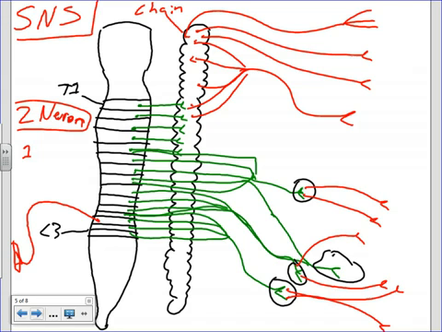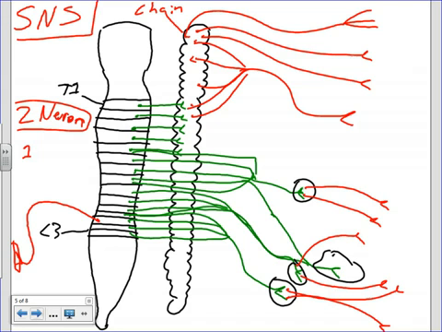If you understand how one side works, the other side's exactly the same. What you'll notice here is that there are these ganglia that run parallel with the spinal cord, and they're called paravertebral ganglia.